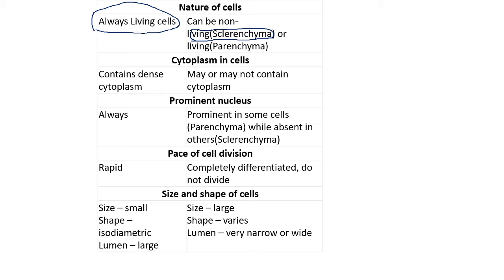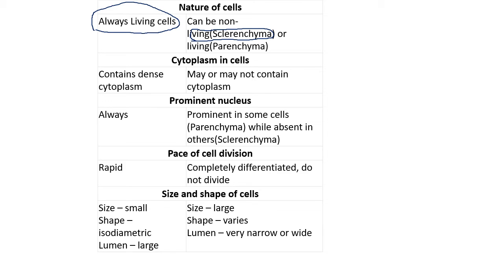They require proteins, they require different enzymes to carry out cell division, because to carry out cell division, the genetic material needs to be divided, and for that you need different enzymes to carry out replication. You need different enzymes to be available.